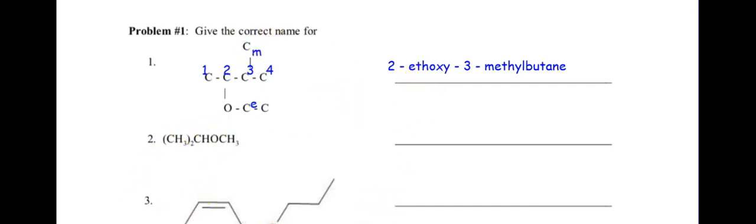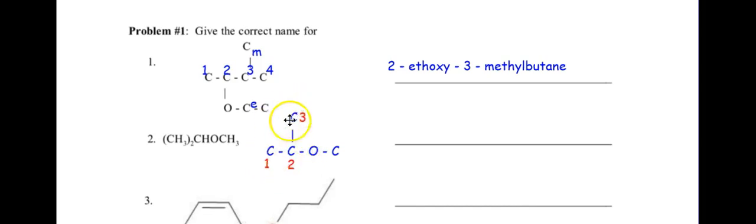Now what about this next one? I went ahead and I kind of made it look like this. All right. Why would I do that? Is it like a 2-methyl methoxy? No. What's my longest chain? 3 is my longest chain. Do you see that? That counts.